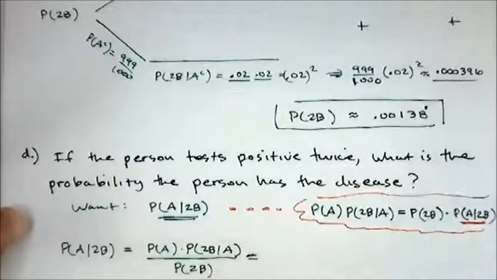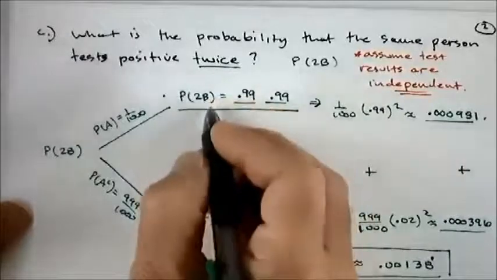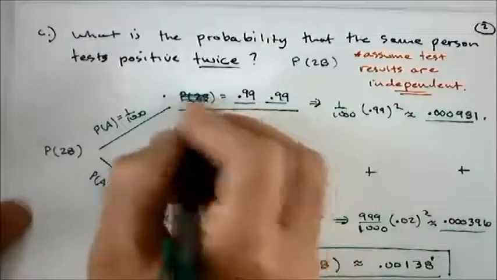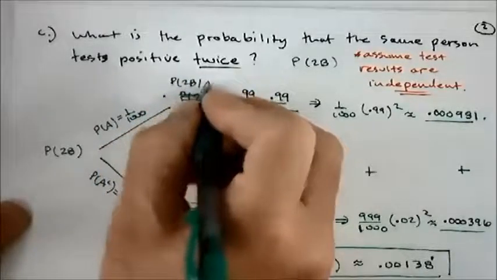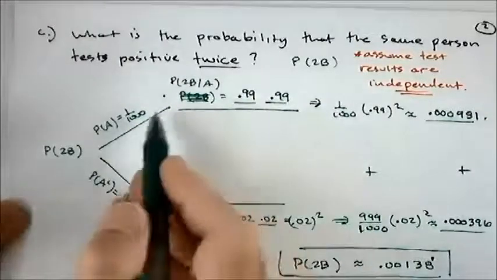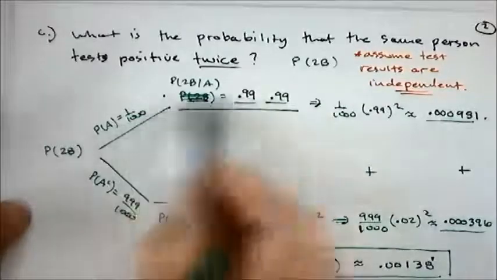okay, go back up to all the information you have is in your tree diagram, except I realized I didn't write this part correctly. This was actually a conditional probability here, right? This should have been the probability of testing positive twice, given that they have the disease. So this top branch of our tree is the numerator.